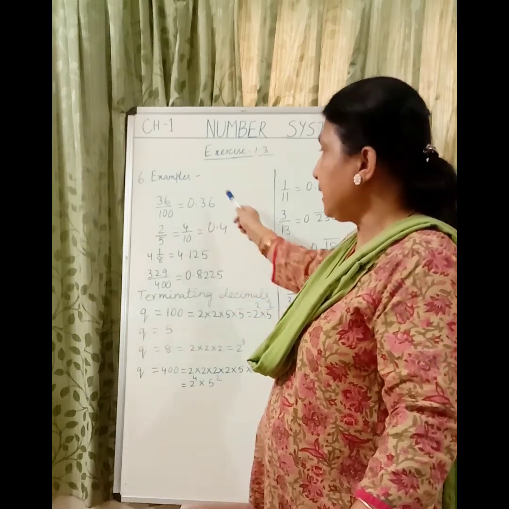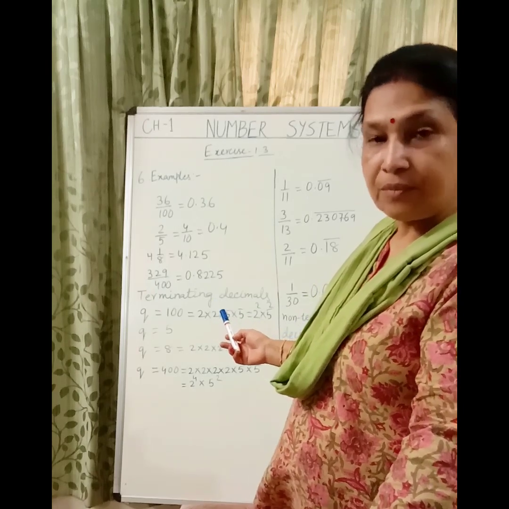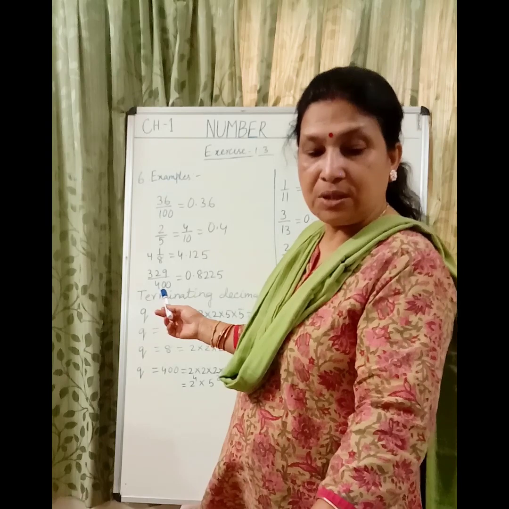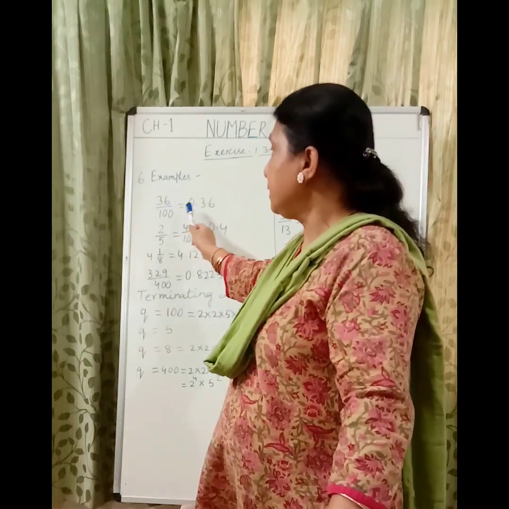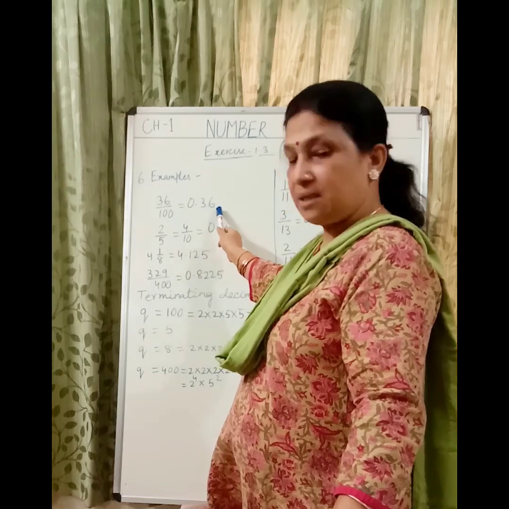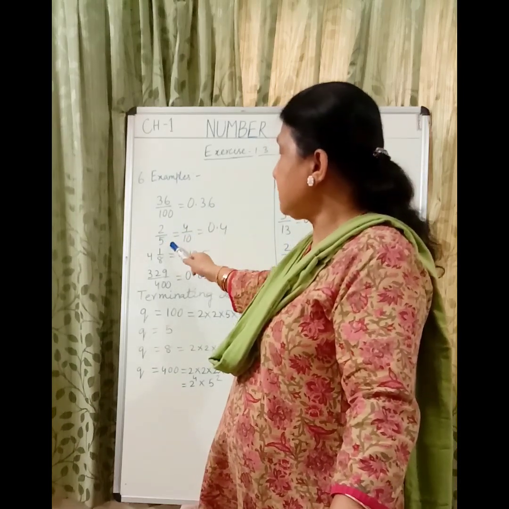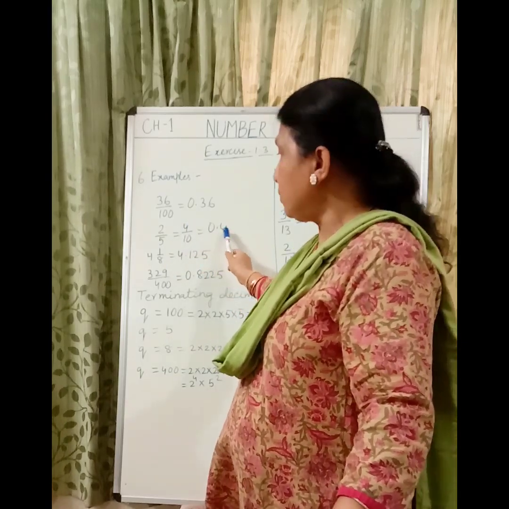We have taken the examples which are already there in question 1. We have already changed them into decimal numbers and we have seen this 36 upon 100, that is 0.36. 2 upon 5, that can be changed into 4 upon 10, which comes to 0.4.